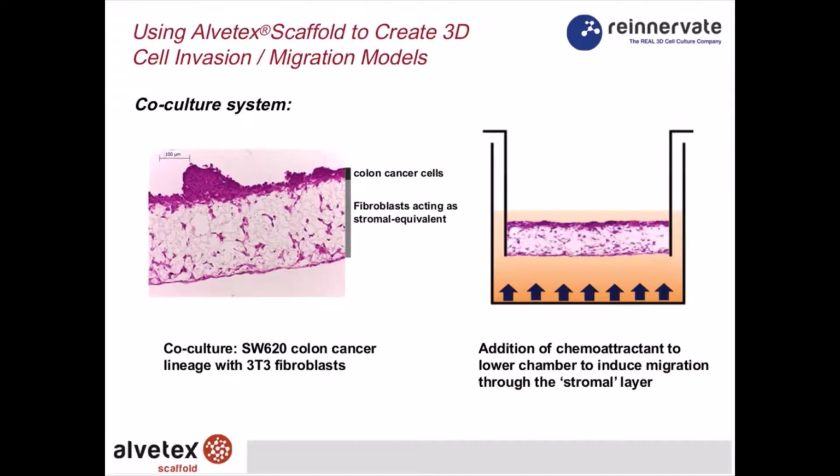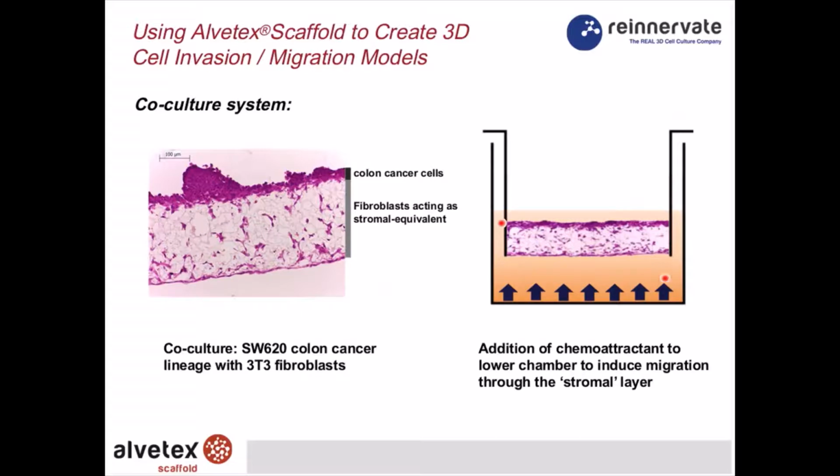In conjunction with studying cells and looking at their invasion, we can also manipulate that migration of cells through the stromal layer, and we are working on doing this by adding various chemoattractants. In this scenario, we've got the well insert sitting in a well of media, and we're adding a chemoattractant to the bottom chamber.